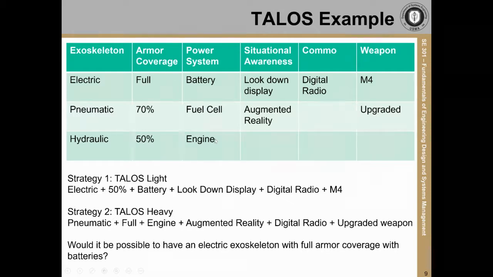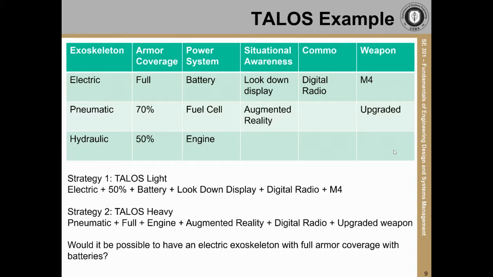We're using a 2-stroke engine because we needed that power to power everything and support all that armor. It's all a very complex design that went into that. Augmented reality, a digital radio, and then upgraded weapon. So that's the TALOS heavy option. And keep in mind, these were actual design alternatives that we not only conceptualized, but we also got build tested, and all went through user evaluations.